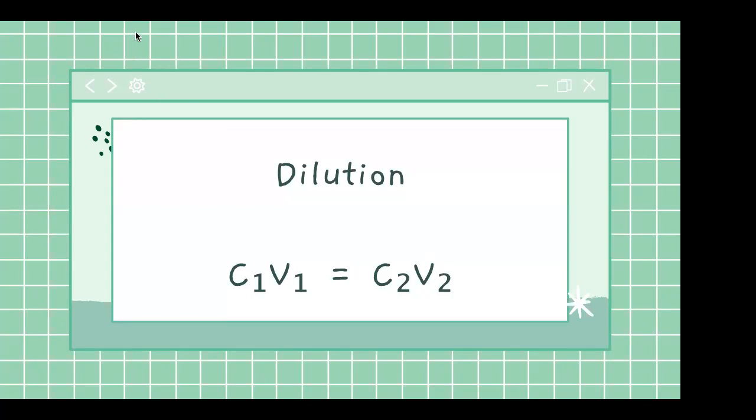If you have this in milliliters, make sure that this one's in milliliters too. But yeah, concentration will be in molarity, which we have just practiced.